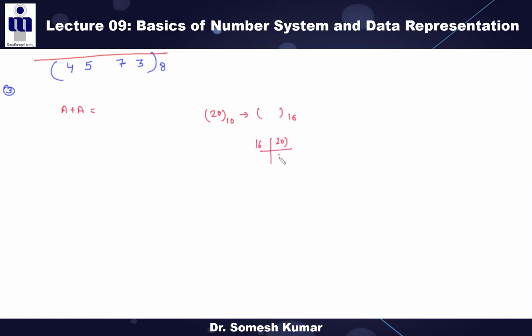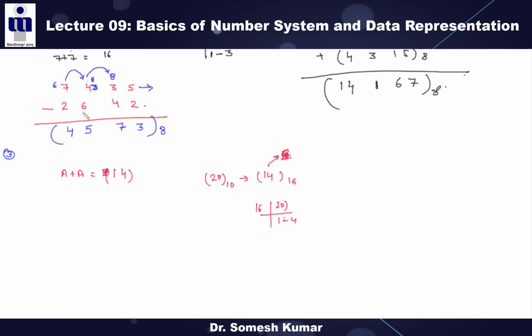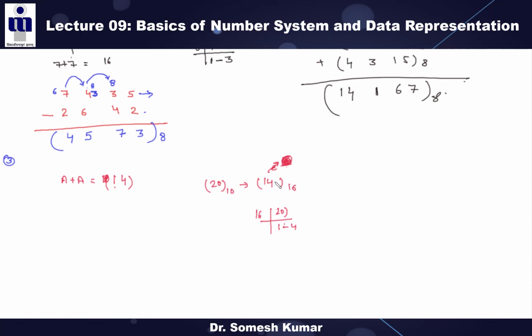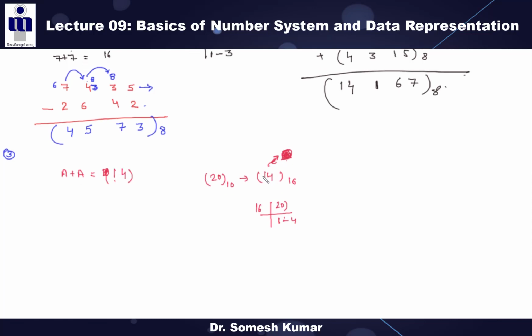Divide by 16. 1 4. We are directly representing this 1 and the 4. This is not 14, this is 1 4. So this is not E, this is 1 4. Please remember here, don't get confused. A plus A is your 1 4, not 14.